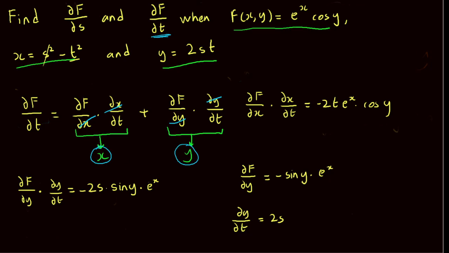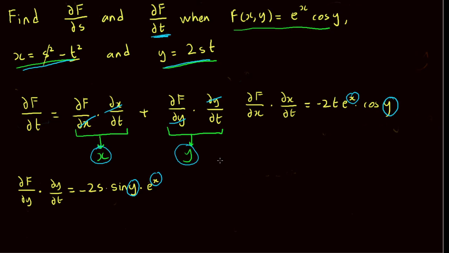And as I said before, we're going to replace the x and replace the y with respect to these functions right here. We're going to replace in terms of s and t, since we are differentiating with respect to t. So it only makes sense to use s and t and not x and y.